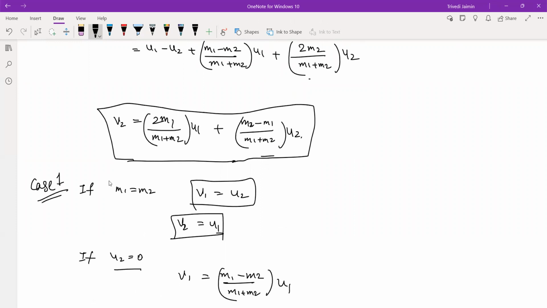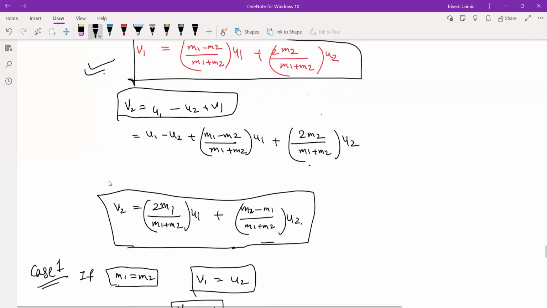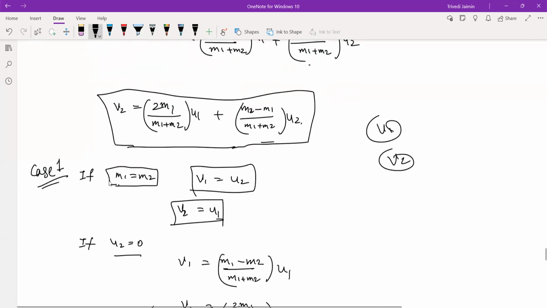Case 1: if both m1 and m2 are equal, what will happen? See the equations for v1 and v2. Substitute m1 equals m2, that means instead of m2, write m1. Then something will be 0.